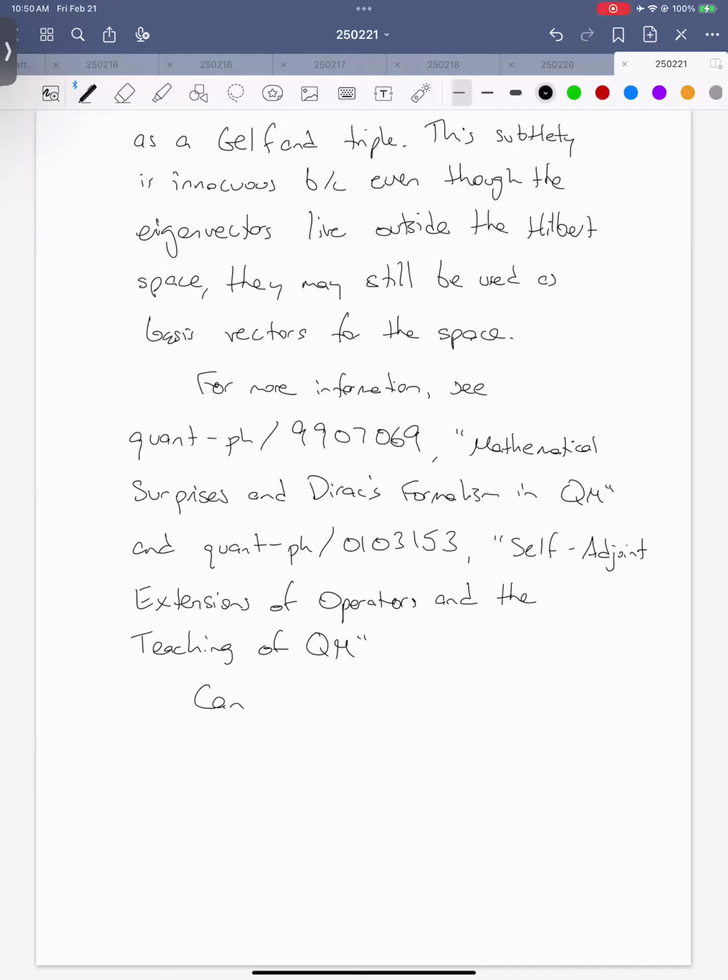So we can actually relax our restriction on our operator observables away from hermiticity.